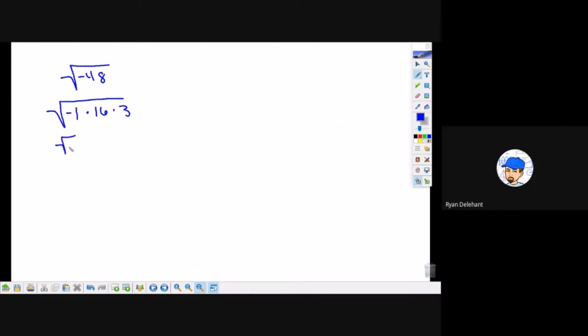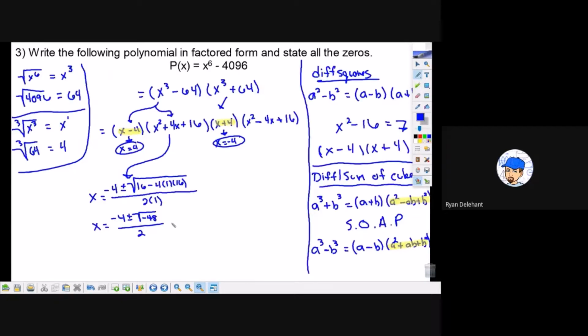So that's the square root of -1, the square root of 16, and the square root of 3. This is the i. I'm going to flip-flop their sides because you want to put the number before the i. That's 4, then you put the square root of 3. So that square root simplifies into 4i root 3. I'm going to write this over here, a little lower.